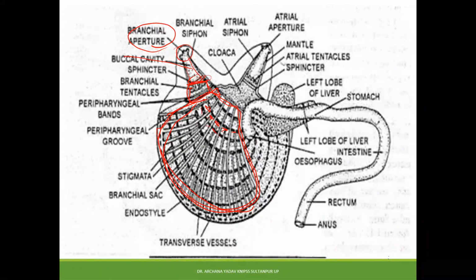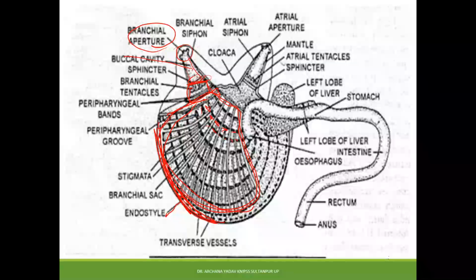They help basically in the respiration process. This dotted structure is known as the endostyle, and the position of the endostyle is the floor of the branchial sac, on the ventral side of the branchial sac.